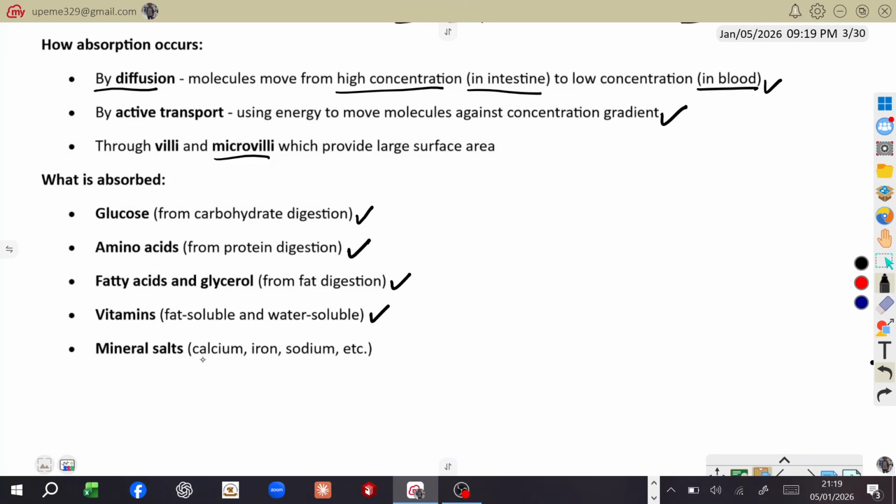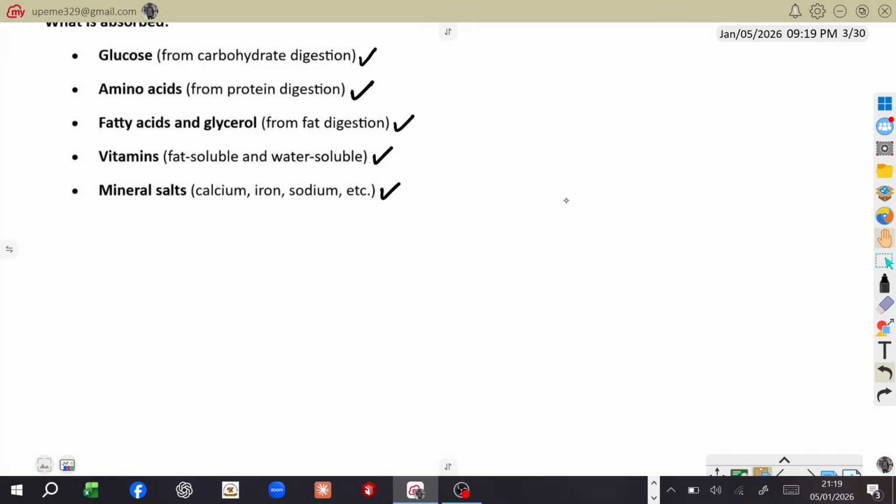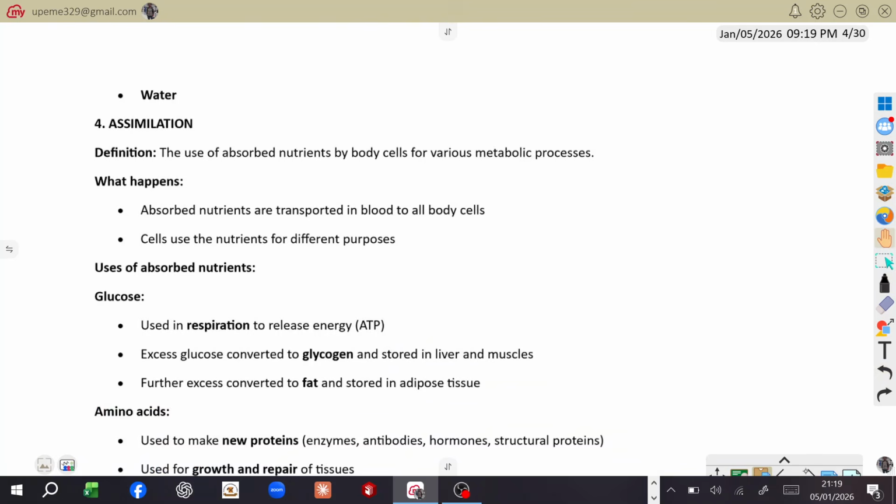Then mineral salts such as calcium, iron, and sodium. And water. All right, so these are what are absorbed into our bloodstream. Let's proceed. The other process which happens in Holozoic nutrition is assimilation.